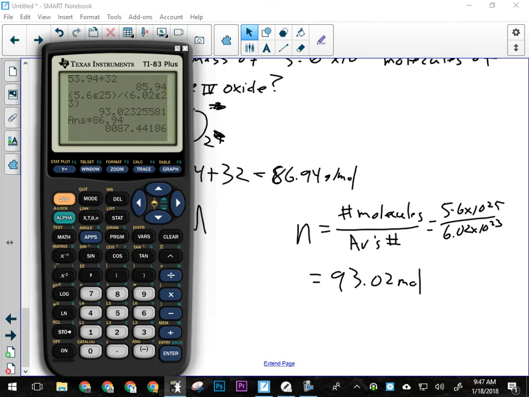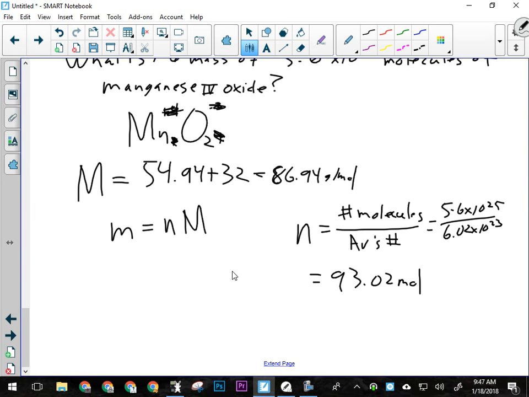If I'm looking for the number of molecules, I would have the number of moles, and I multiply by the number of molecules in a mole, Avogadro's number. That will give me the number of molecules, because moles cancels. The 6.02 times 10 to the 23 is like particles per mole, right?